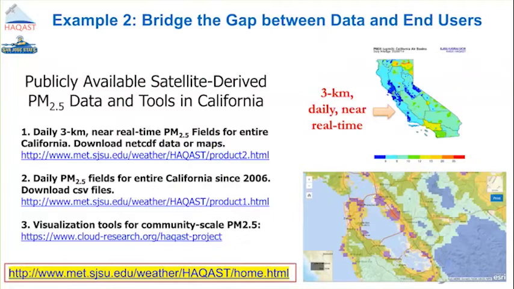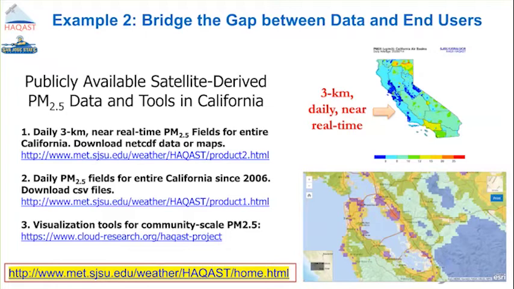When I started with HAQAST, I knew that it would be nice to provide a long-term PM2.5 dataset in California, so it wouldn't have any data gaps on certain days. And also we can have a spatially homogeneous dataset, unlike the monitor data that has gaps in different neighborhoods.